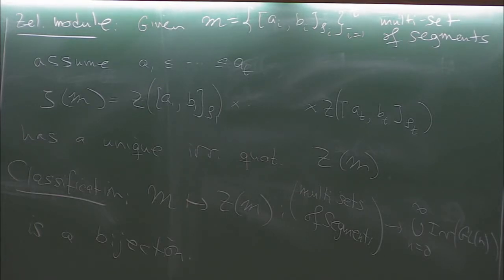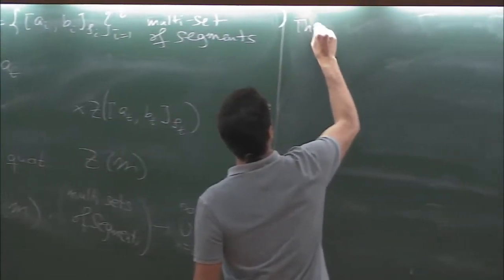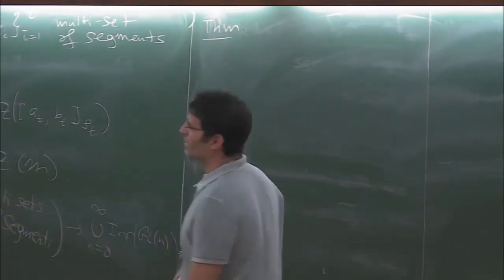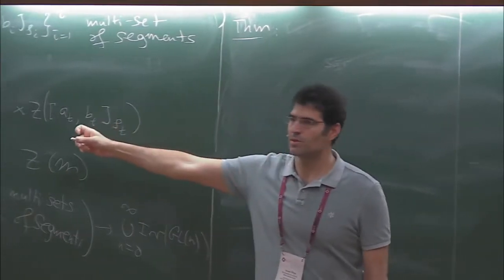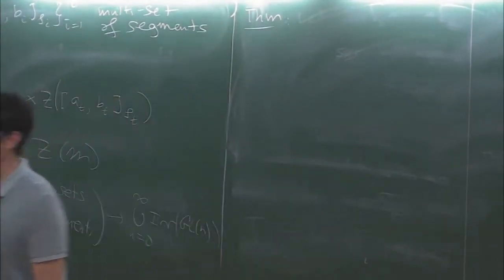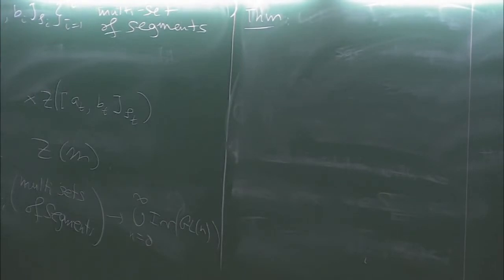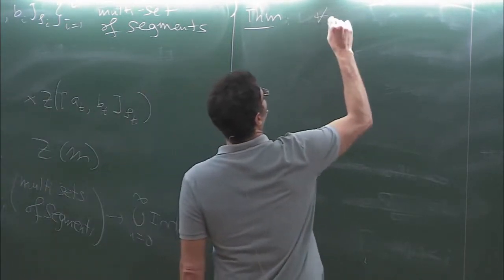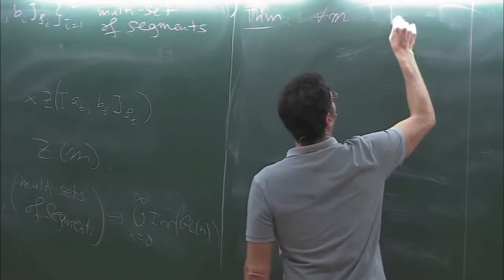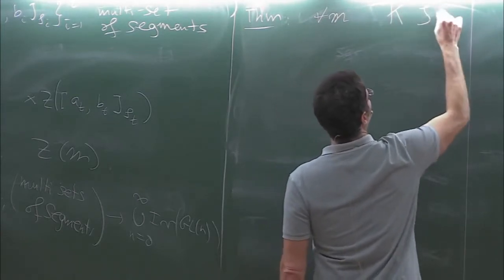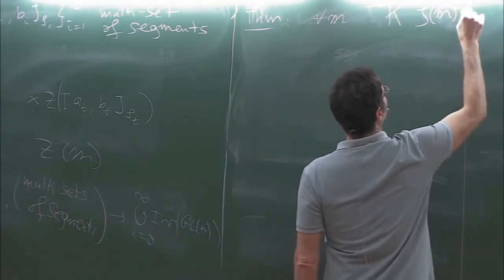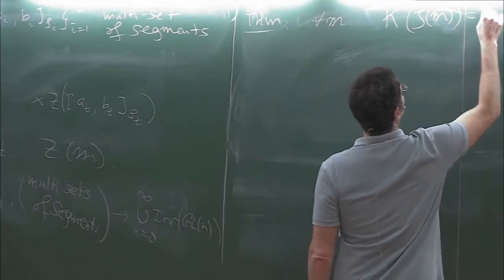So the one recent observation is that on the level of Zelevinsky modules, we have a result which is completely analogous to the finite field case. So for every multiset M, the Klyachko multiplicity of the Zelevinsky module is exactly 1.